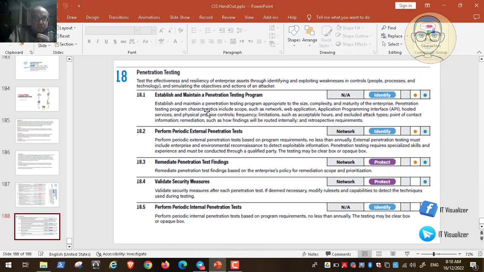Penetration testing program characteristics include scope, such as network, meaning which part you will apply the penetration testing on. Maybe the network, maybe web applications, application programming interfaces, hosted services, or physical premises controls.